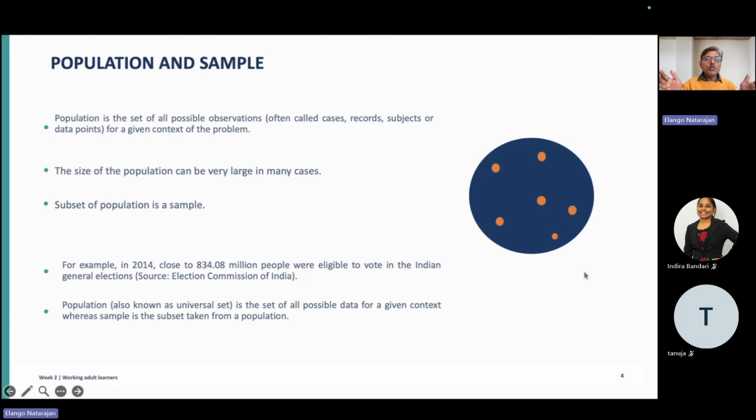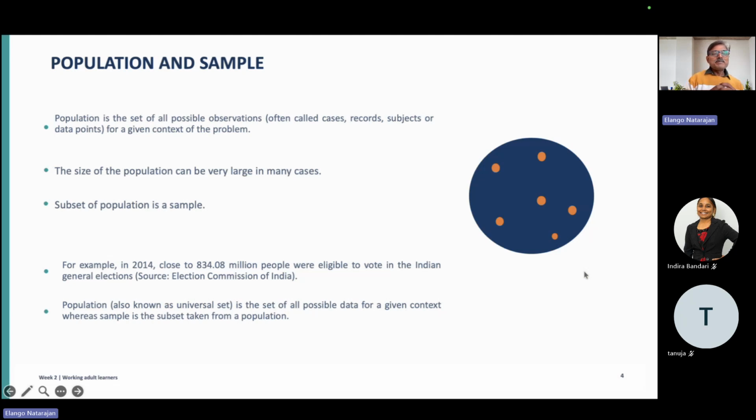However, the data that we will have will be a large data set. And all the possible observations we have in the data set are called the population. So population is the set of all possible observations. All right. So we do some analysis on the population, right?